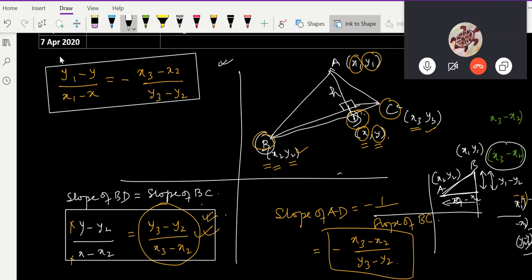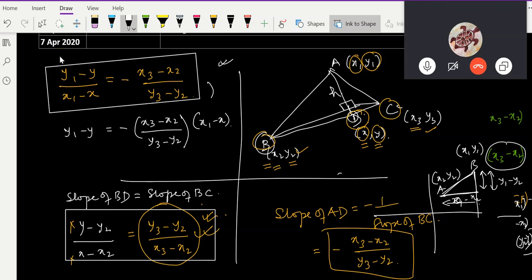If I give you the values, it becomes easier because this will be a lot in terms of x and y. But in general, it would be y1 minus y is equal to minus x3 minus x2 by y3 minus y2 into x1 minus x.